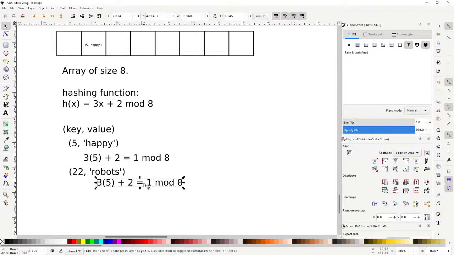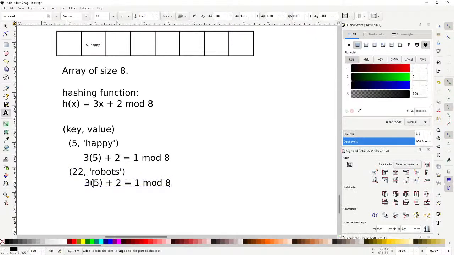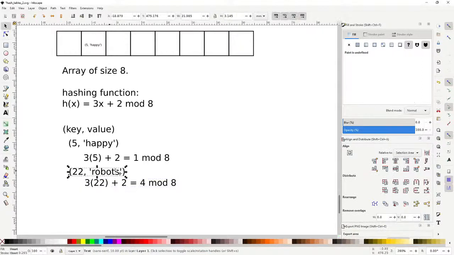So let's calculate again. 3 times 22 is 66 plus 2, which is 68 mod 8. I guess that's 4, right? So let's put that into slot 0, 1, 2, 3, 4. So we'll put it into this slot here.